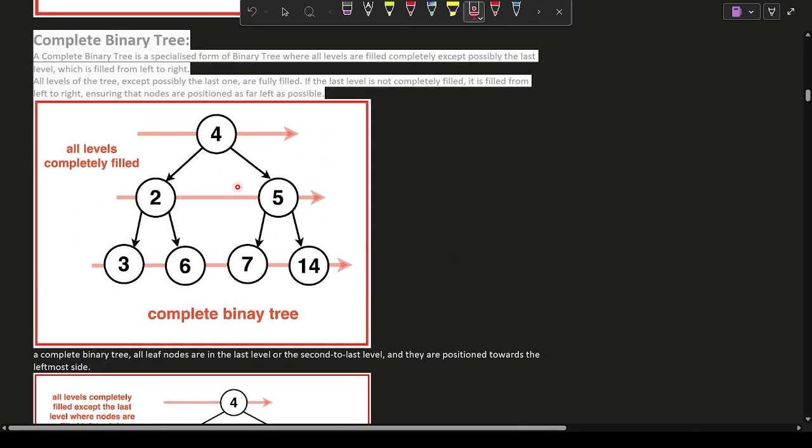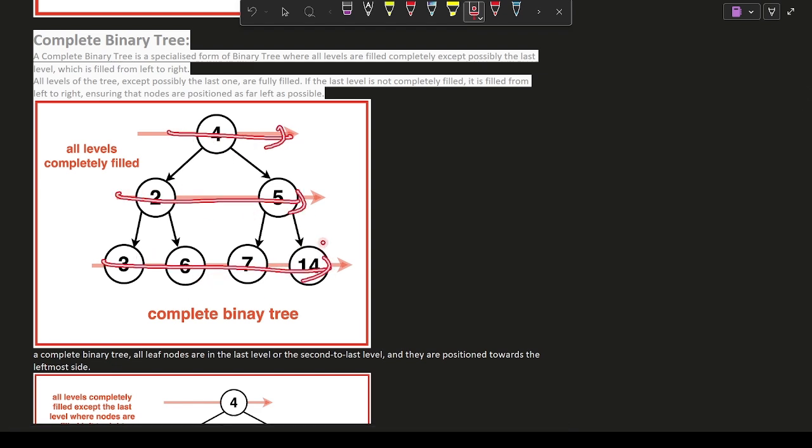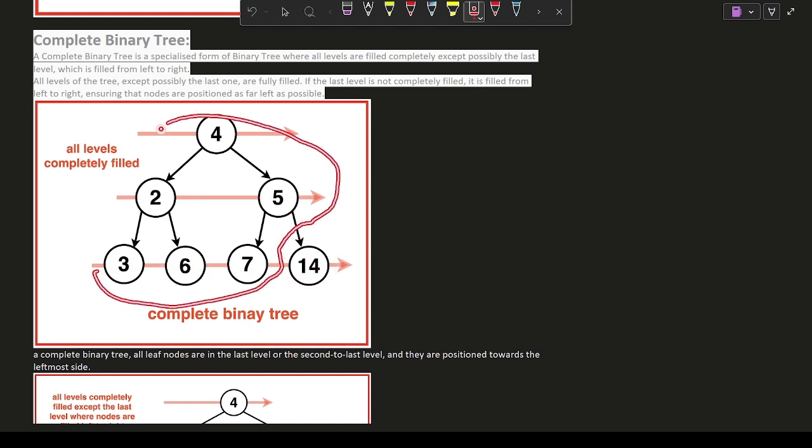So this is a complete binary tree. It means each level is completely filled. Suppose I remove this node, then we cannot say this is a complete binary tree. So all levels should be filled.